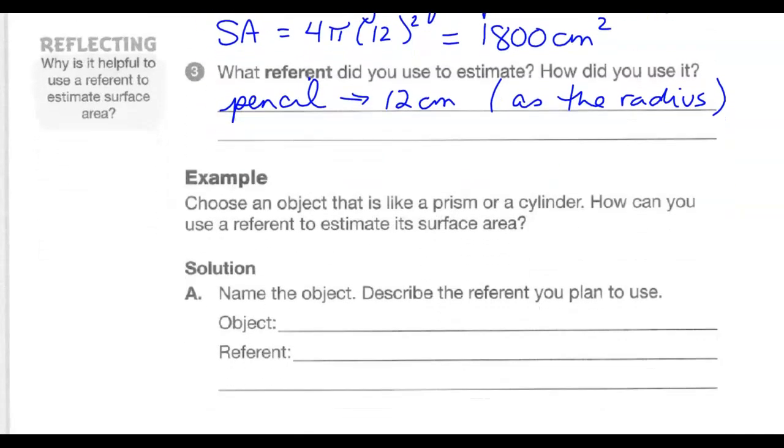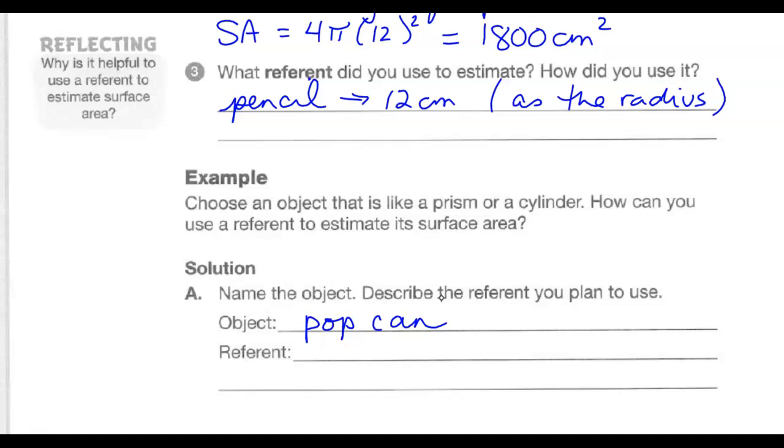Next one, choose an object that is like a prism or a cylinder. How can you use a referent to estimate its surface area? Well, how about a can of pop? That's a cylinder. It's not a perfect cylinder, but except for the very edges of the top and the bottom, it is. So let's do a pop can.